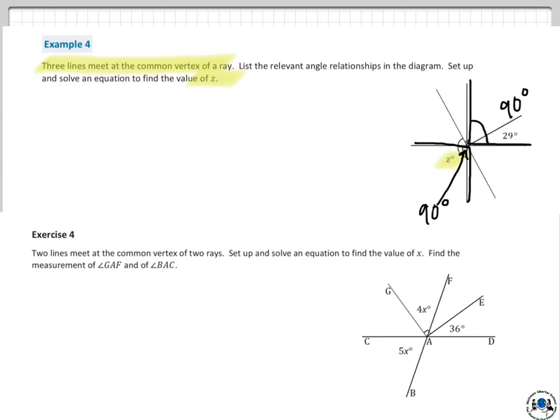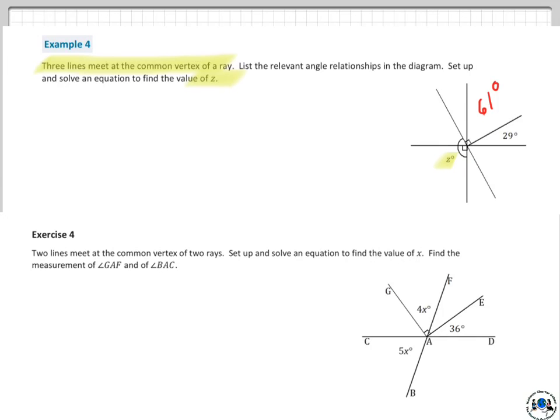All right. So therefore, I know that across from it sits a vertical angle. So I know that those two angles together are going to equal 90. Therefore, I know that that other angle is 61.